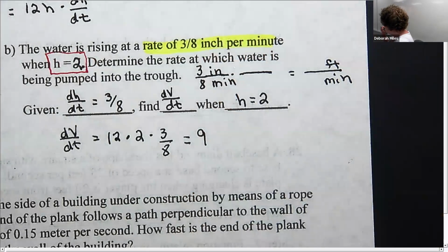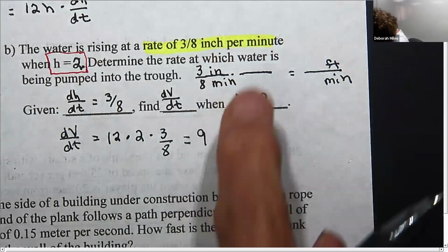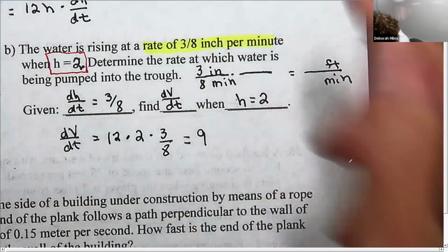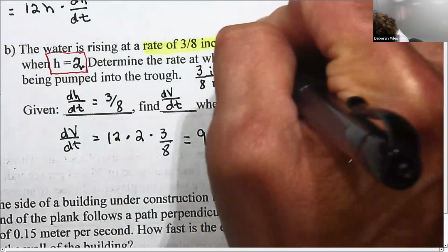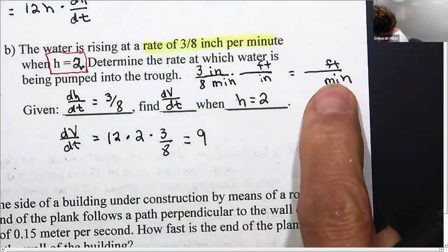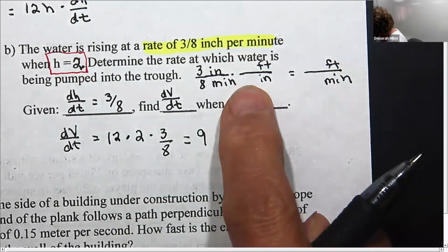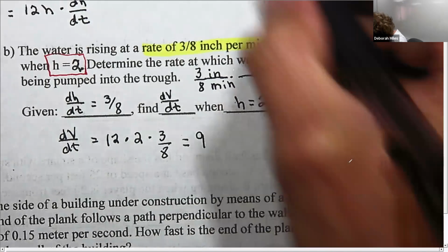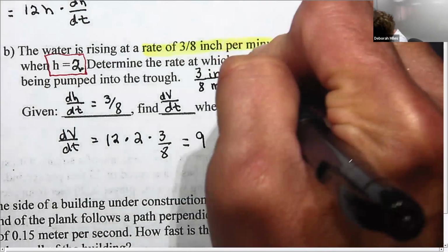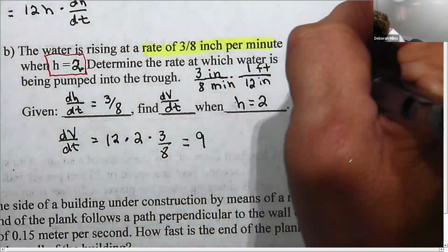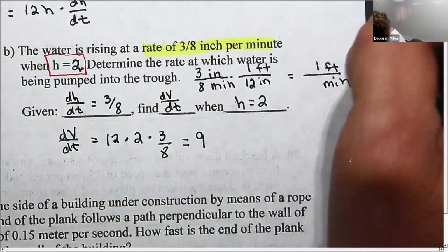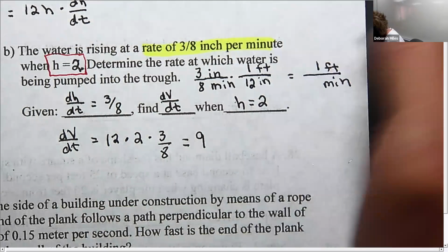Use your unit canceling. If you want to cancel out inches and leave feet, you have to have inches in the denominator and feet in the numerator, because that's what you want to be left with. So what's your unit fraction right there? 1 foot is 12 inches. And so 1 foot per 12 inches, 1/12.